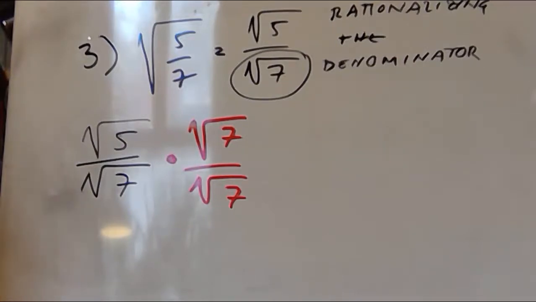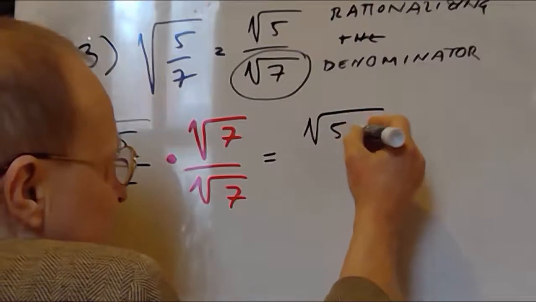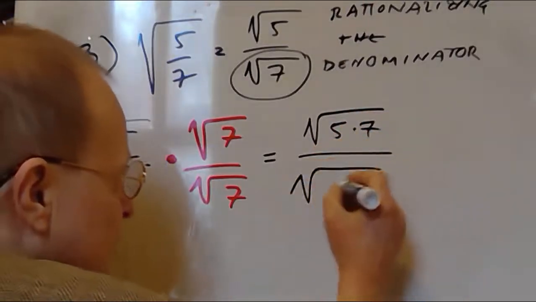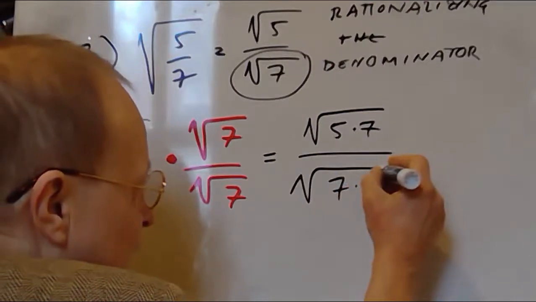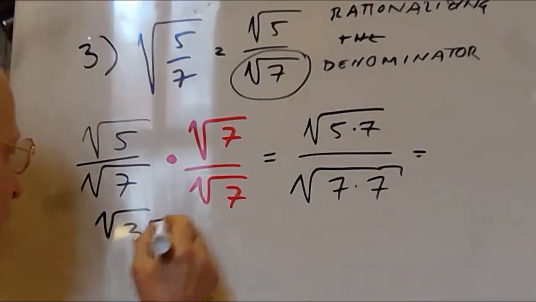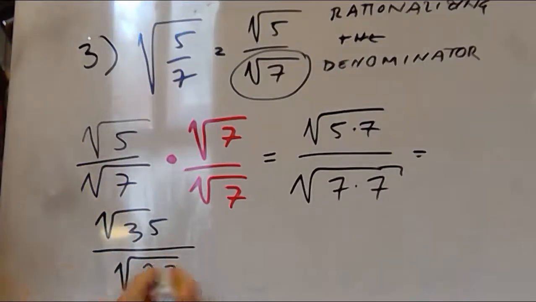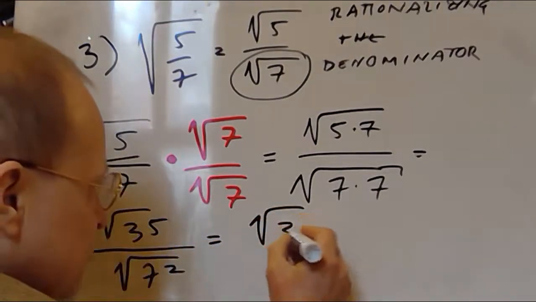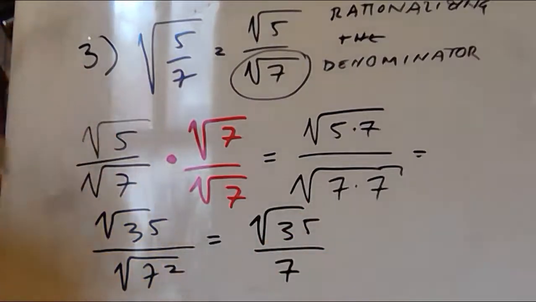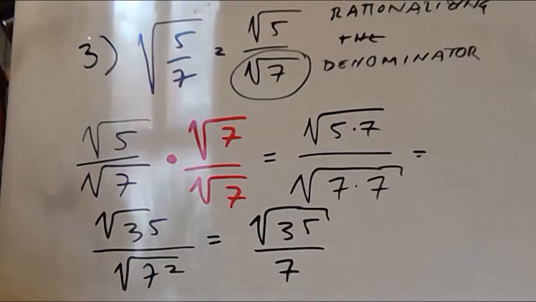So what we usually do, we put together 5 times 7, and then the bottom here is 7 times 7. 5 times 7 is 35, and on the bottom we have 7 squared, so we can take out that 7 because it's a square of a square root, and we end up with the square root of 35 over 7, which means that we're in good shape and everything is fine.